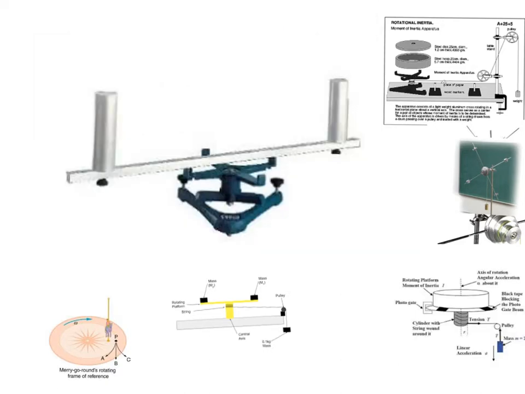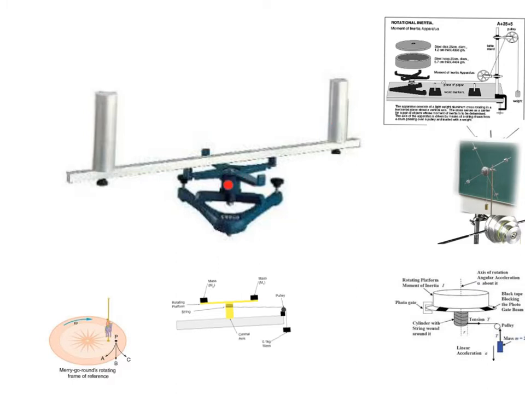And finally, one last variation. If you see this platform, you can see the platform here. We have a bar. This is another actual apparatus that we use in lab. And that bar is screwed to the rotating platform, and two large masses are placed on the bar.